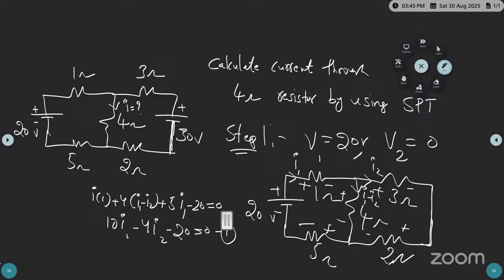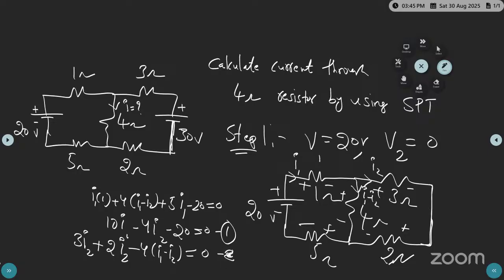Equation 2: 3 I2 plus 2 I2 minus 4 into I1 minus I2 is equal to 0.